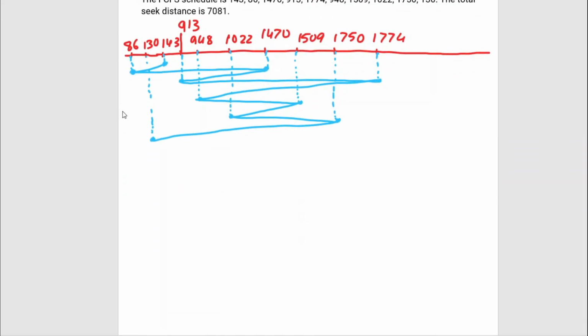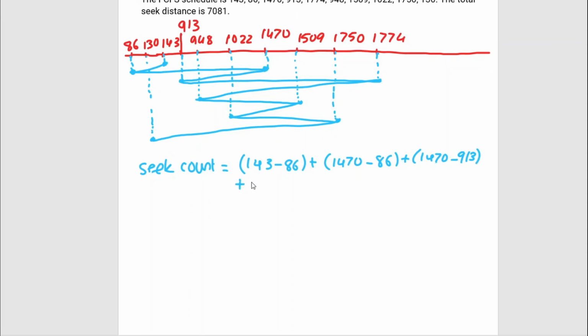So now we can write down the seek count is equal to 143 minus 86, then 1470 minus 86, then from 1470 to 913, plus 1470 to 913, plus from 913 it is going to 1774.